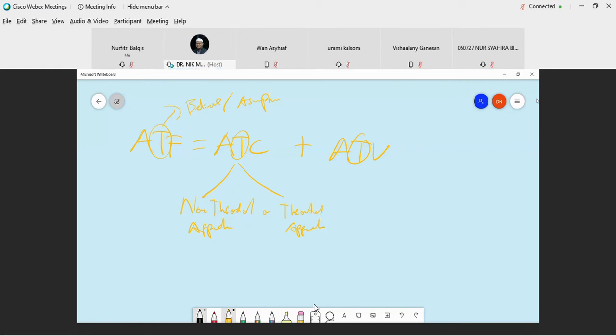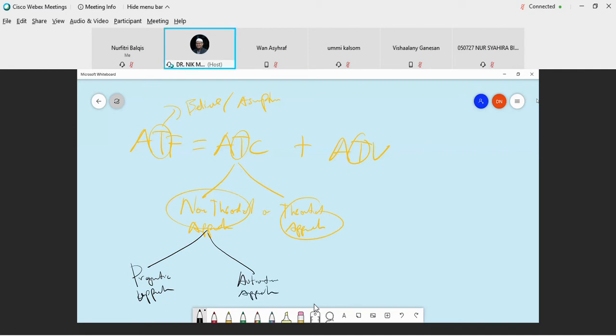Under non-theoretical approach ni, ada dua lagi cara macam mana you nak dapatkan data, iaitu sama ada melalui pragmatic approach ataupun authoritarian approach.